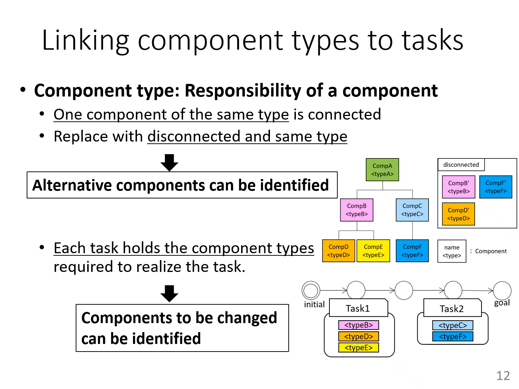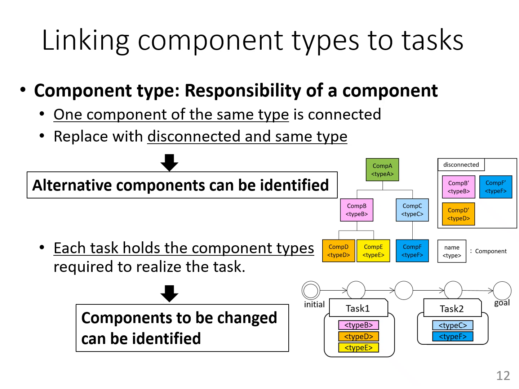In our framework, we use a component type as a label representing the responsibility of a component. For each component type, only one component is connected at a time. During adaptation, the connected component can be replaced by another unused component of the same type.